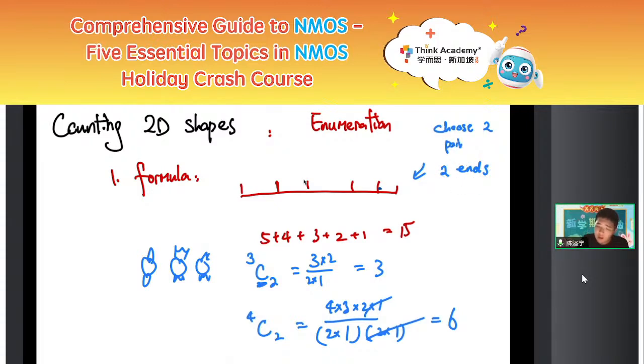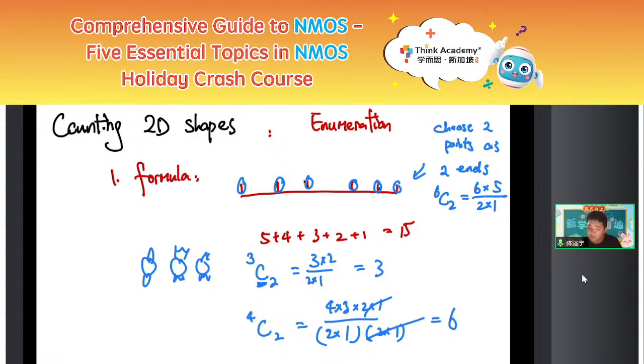How many ways are there to do that? In total, we have 1, 2, 3, 4, 5, 6 points, and we want to choose 2 of them. That will be 6 choose 2, which is 6 times 5 over 2 times 1. So once again, you'll see that it's also 15.